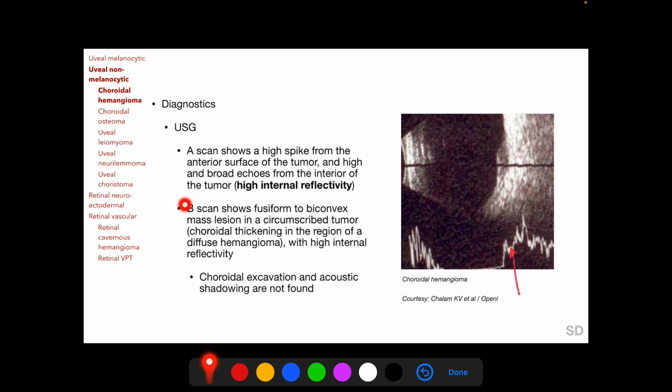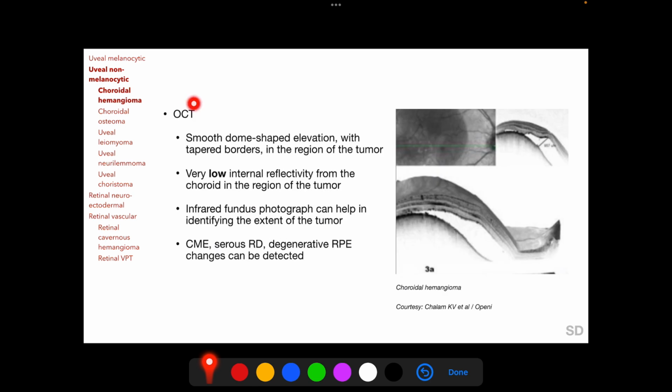B scan shows a fusiform to biconvex mass lesion with high internal reflectivity. However, choroidal excavation and acoustic shadowing, which are characteristic of choroidal melanomas, are not found with choroidal hemangioma. On optical coherence tomography, a choroidal hemangioma shows a smooth dome-shaped elevation with tapered borders in the region of the tumor and a very low internal reflectivity from the choroid in the region of the tumor.